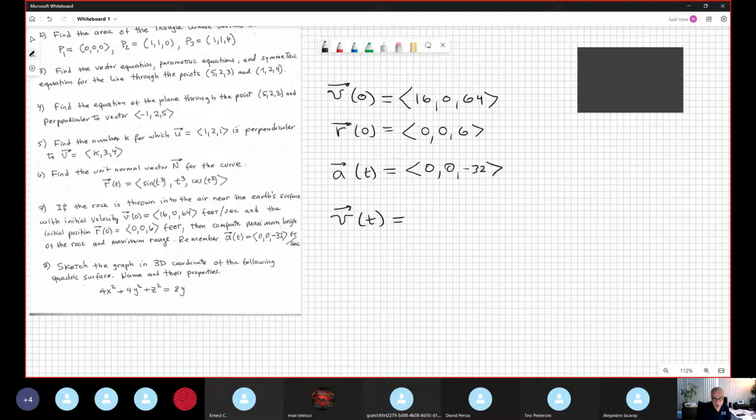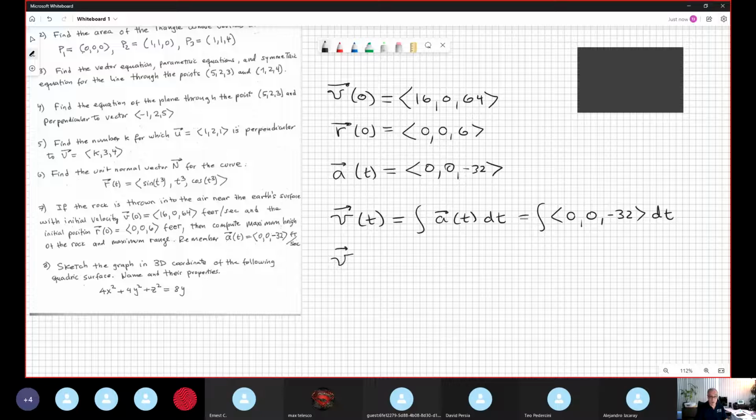well, you take the antiderivative. Antiderivative of what? Of the acceleration. Remember, with a vector-valued function, we can apply calculus, and you can find the derivative or antiderivative component by component, right? So basically it's the antiderivative of this vector, and the antiderivative of 0 is a constant.